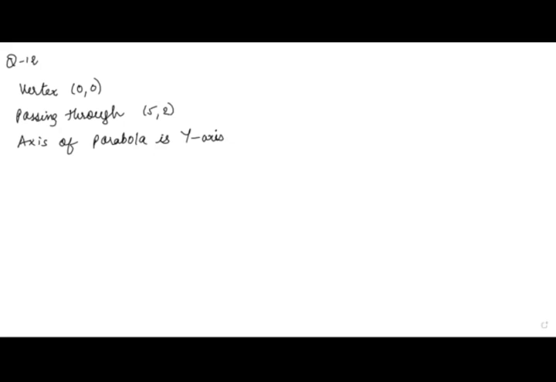But understand that the parabola given is passing through 5 comma 2, which is in first quadrant. So if I consider the parabola opening towards negative y-axis, then that parabola will cover third quadrant and fourth quadrant. So this will contradict with the given situation that the given parabola passes through first quadrant.